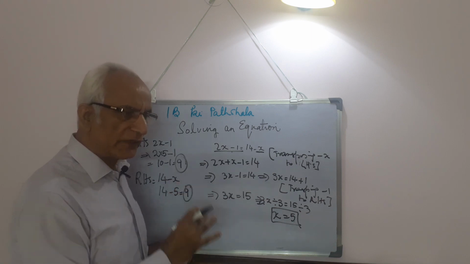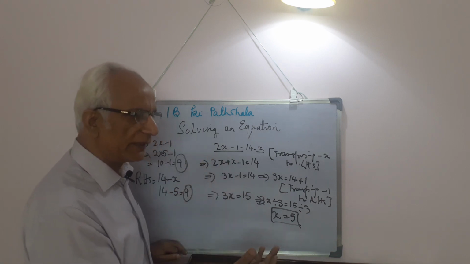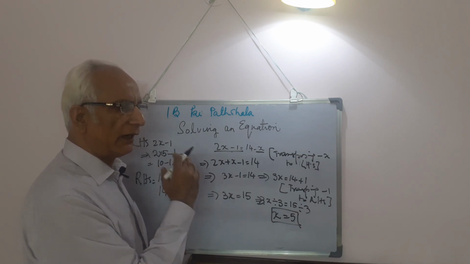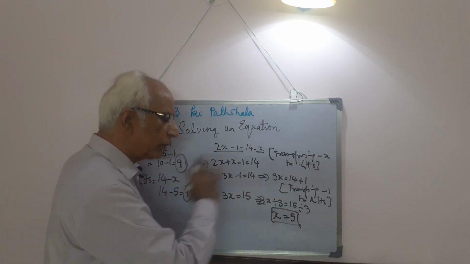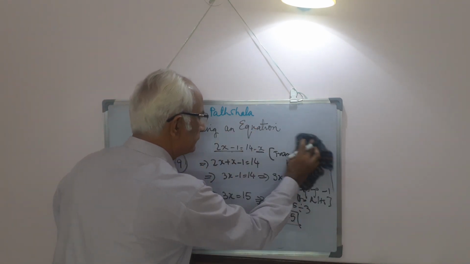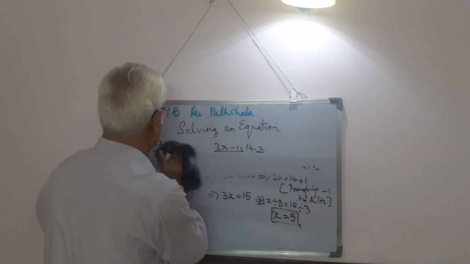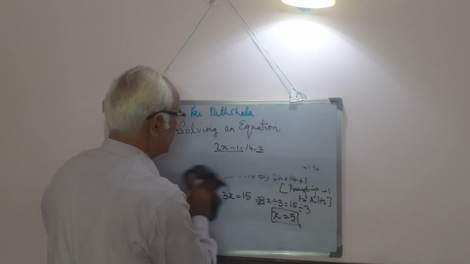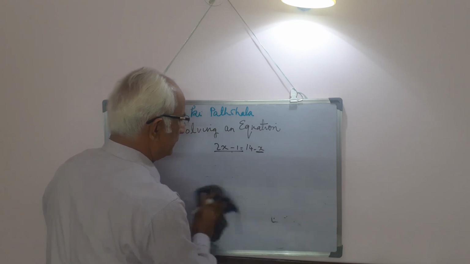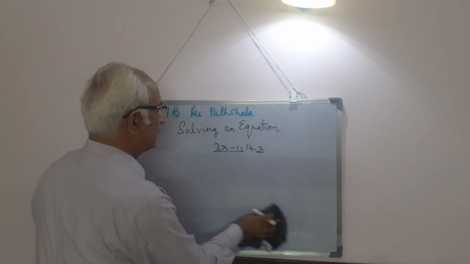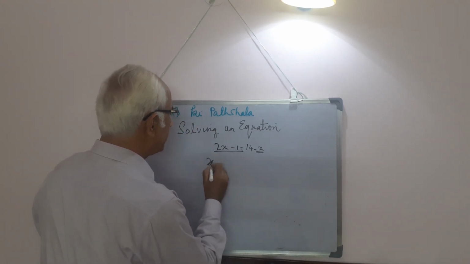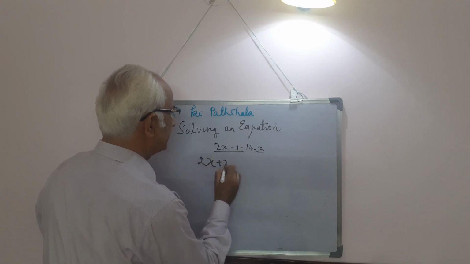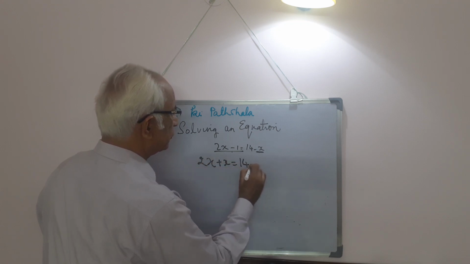Okay, so what we have done is we have shifted all the variables to one side and all the constants to the other side. We could do it in one step also. We could bring straightaway 2x plus x is equal to 14 plus 1.